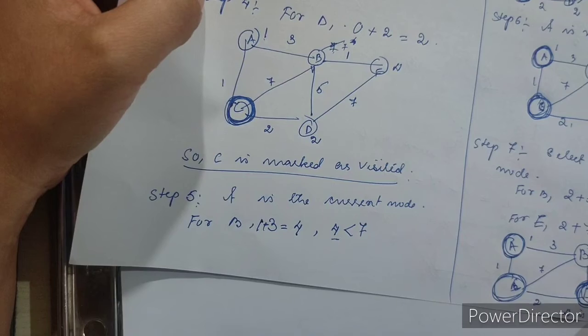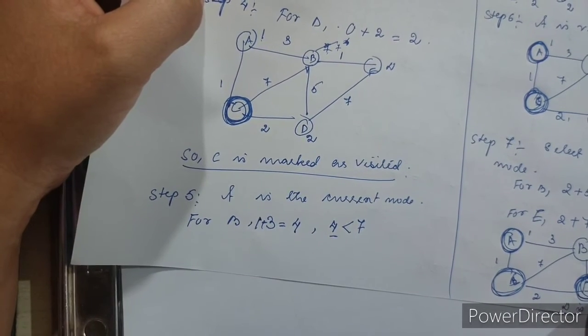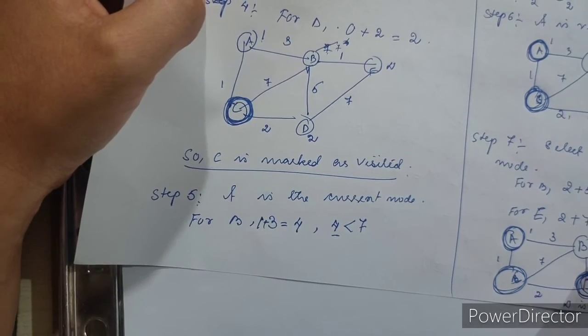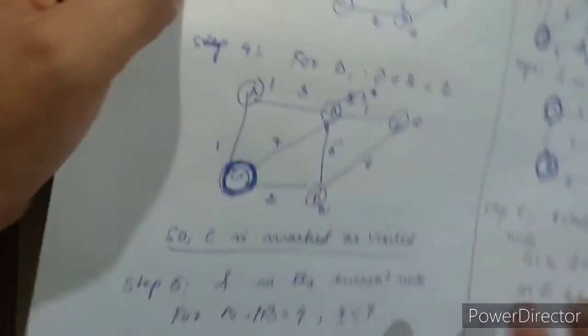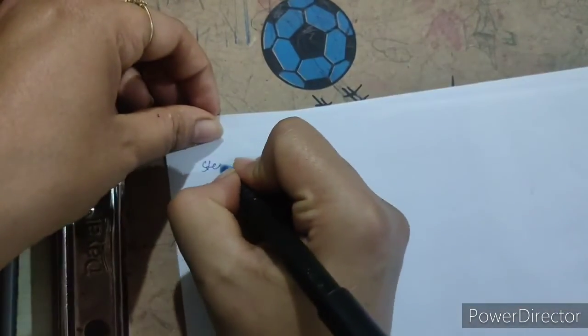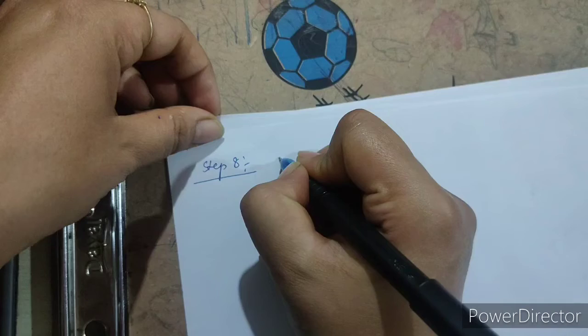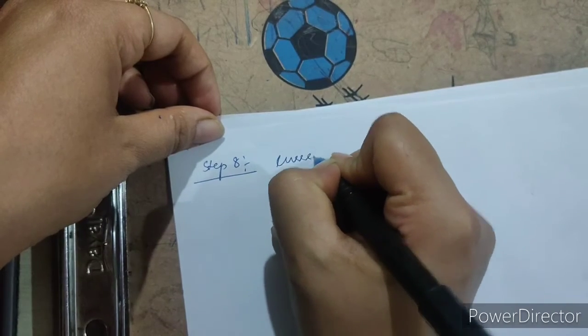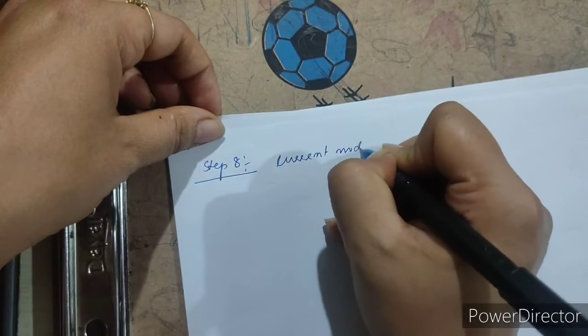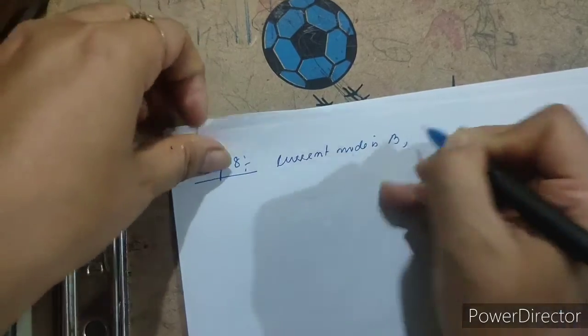Okay, so the next one. Now as you can see, the current node is B, right? So in step 8, the current node is B. What do we have to check?